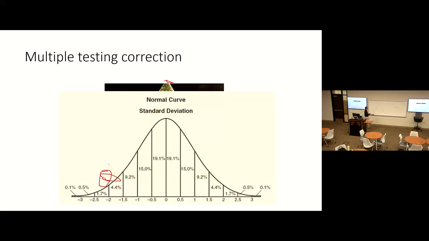Normally, you just take your observed p-value, 0.01, and multiply it by how many tests you did, and make a Q value. Q value means you are corrected for the multiple testing. And when you multiply it by how many times, this becomes very insignificant.